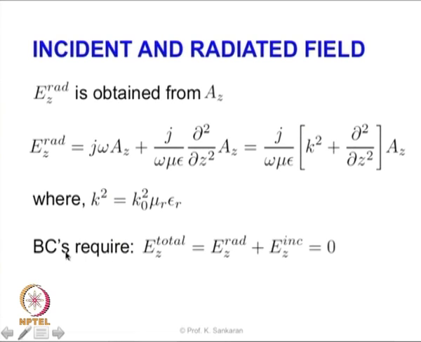So these are the boundary conditions that we are essentially forcing for the problem. On the boundary of the wire, the total electric field is going to go to 0. This is the PEC approximation. The tangential component of the electric field will go to 0. Here the tangential component is the Ez component, hence the total Ez component on the boundary of the wire should become equal to 0.